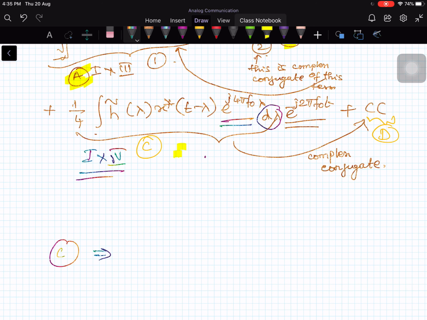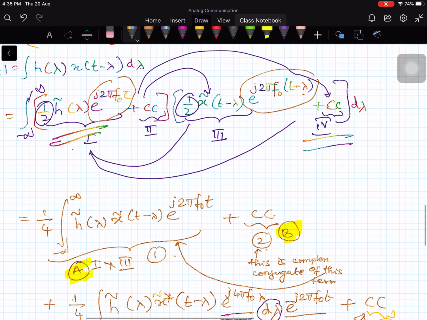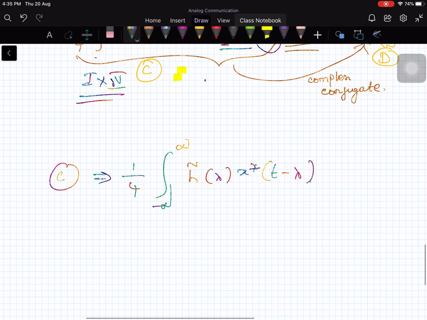The C integral is 1 over 4 integral minus infinity to plus infinity h tilde of lambda x conjugate of t minus lambda. This is also tilde here, don't forget. Any other mistake? No. Here also tilde. This tilde indicates a low pass signal.